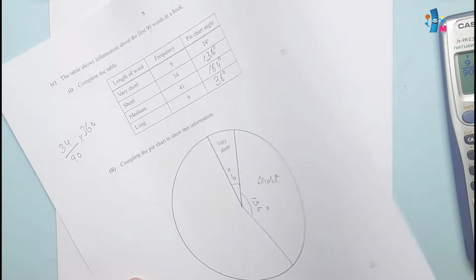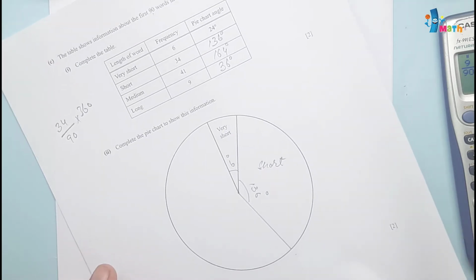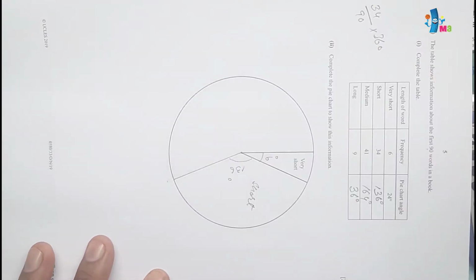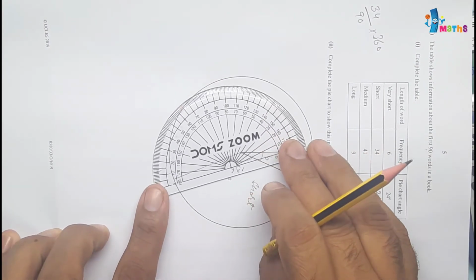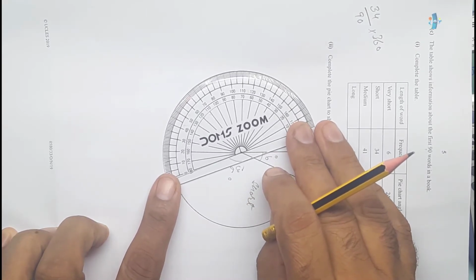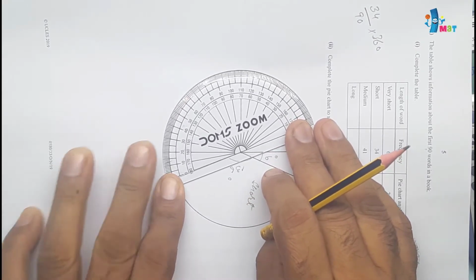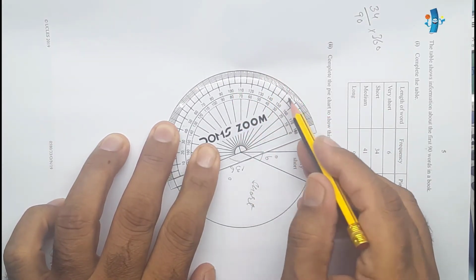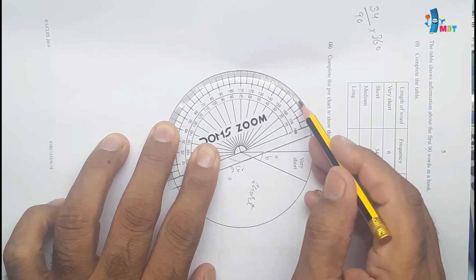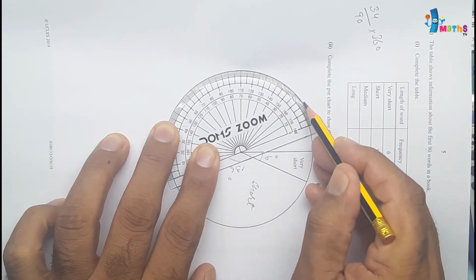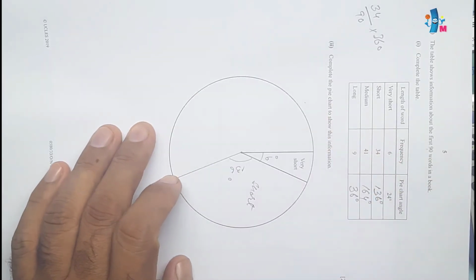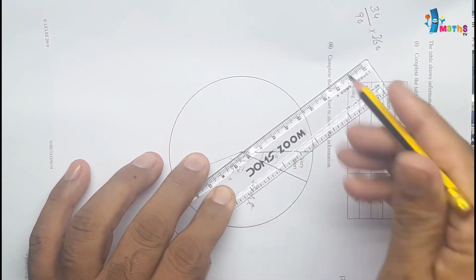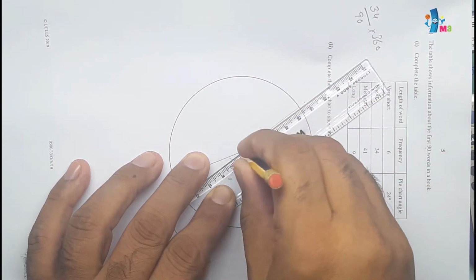Then we will be taking the next angle, 164. So from here next will be 164. So we'll check from here again from the same point, 100, 150 and 164 will be up to this point, and we can draw a line joining this point up to the circle, this one.